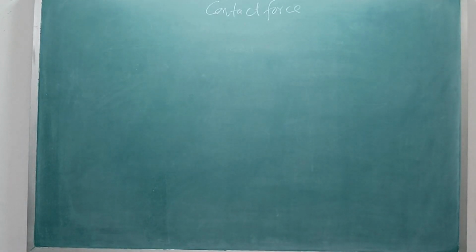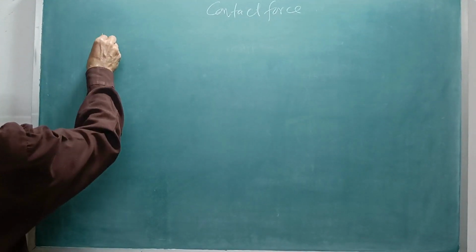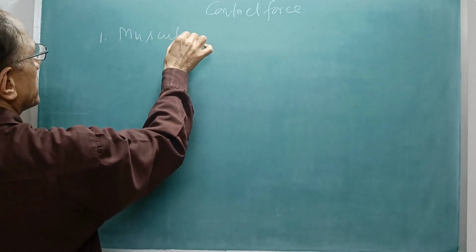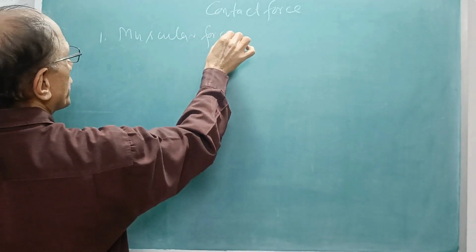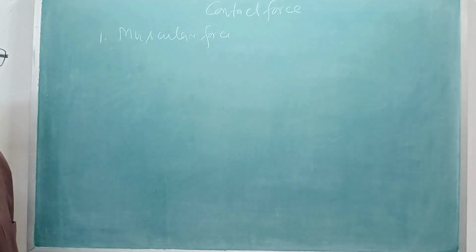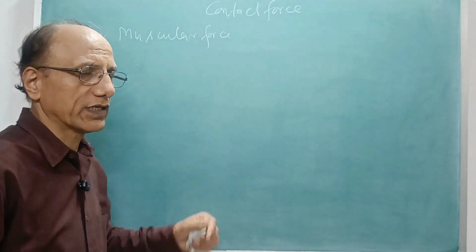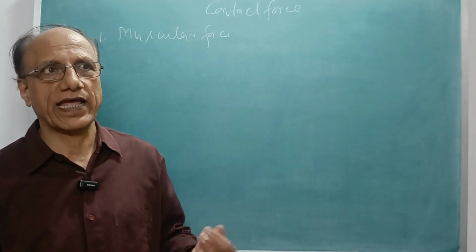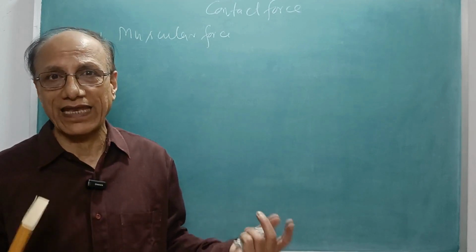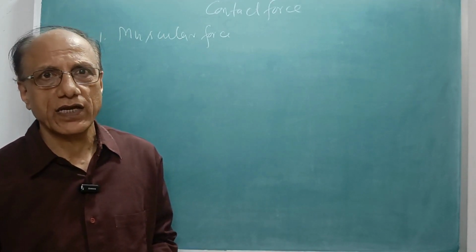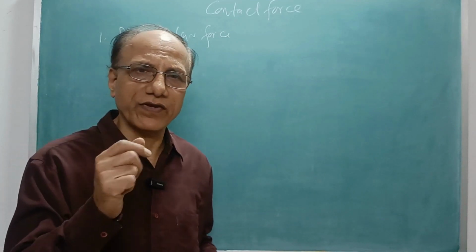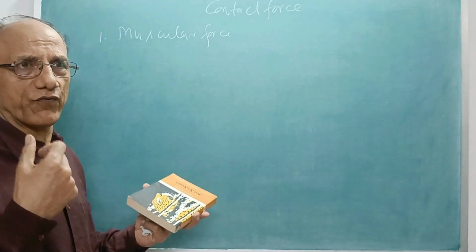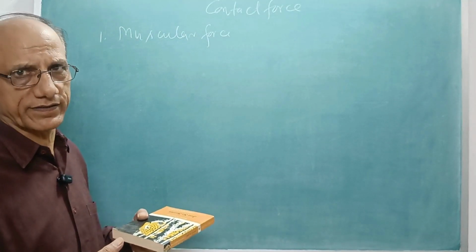First of all, the contact force is muscular force. Muscular force means the force applied by a living object, just like human beings, animals, birds, whatever you call them, those living organisms apply the force using their muscles.